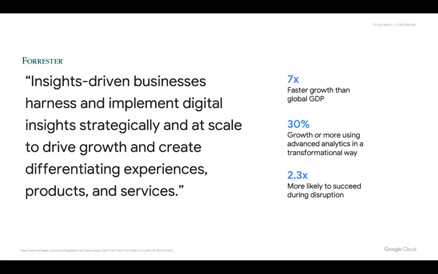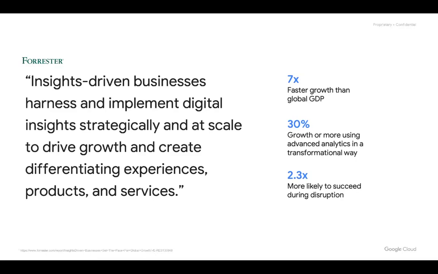Insights-driven businesses that use data to drive their business are 2.3 times more likely to succeed during disruption. So we're seeing businesses using data as fuel to succeed during these strange times in our markets and in our businesses. They're doing better, they're outperforming other businesses, and in many cases they're even growing during a time of industry downturns.